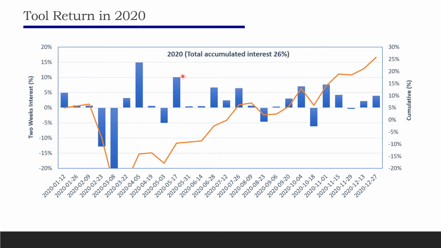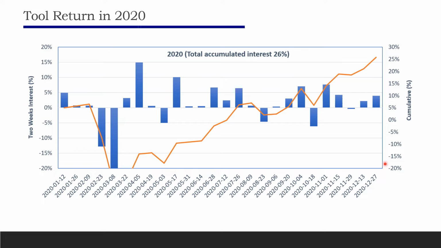2020, as you know, at the beginning of the year, we had a sharp drop in the market due to the pandemic, but at the end of the year, it somehow recovered, and it was not a really bad year for trading.